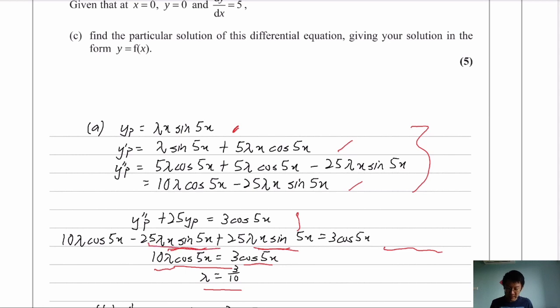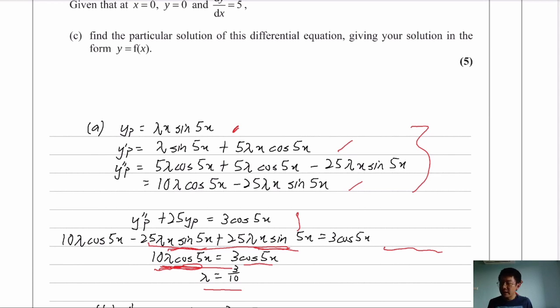This is why the x sine 5x terms get cancelled off. So at last we only have this nice term, 10 lambda cos 5x, to compare with the 3 cos 5x on the right hand side. They should cancel off nicely.